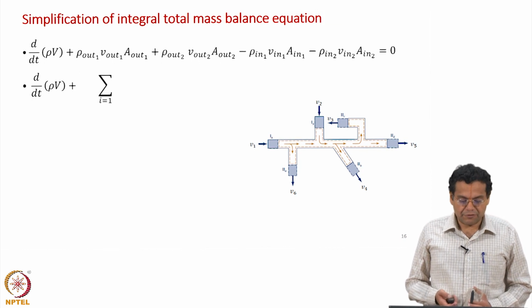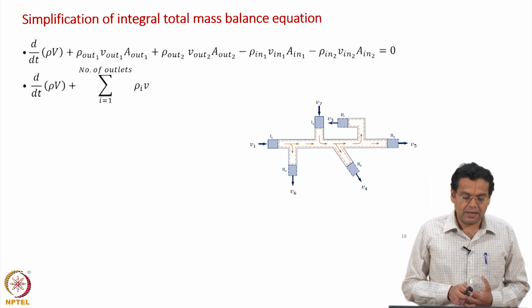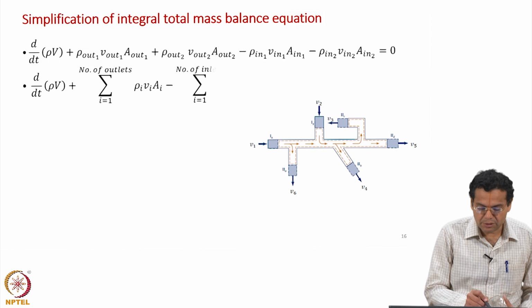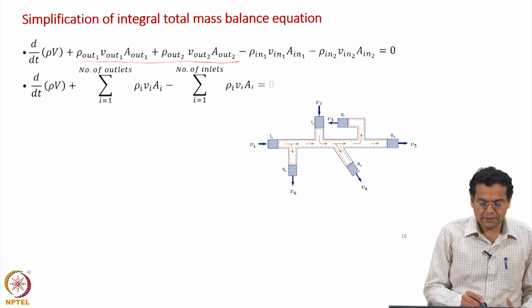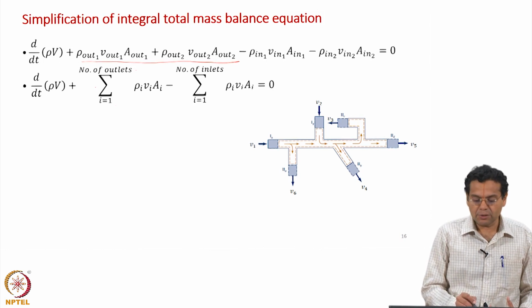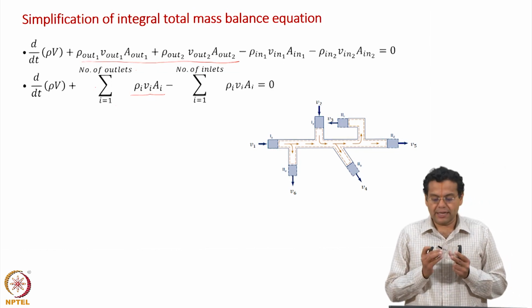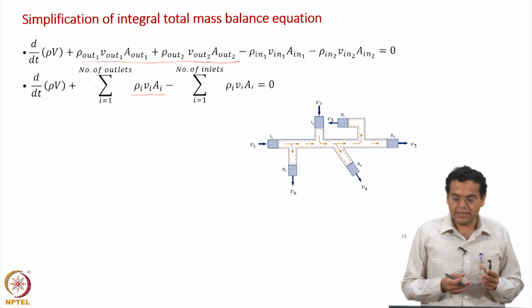Instead of restricting ourselves to 2 inlets and 2 outlets, I say there are n number of outlets. So, I write these 2 terms more generally. I say sigma i equal to 1 to the number of outlets, which in the earlier case was 2 outlets, of rho i, V i, A i. At each outlet there could be a density, a velocity, and of course an area as well.